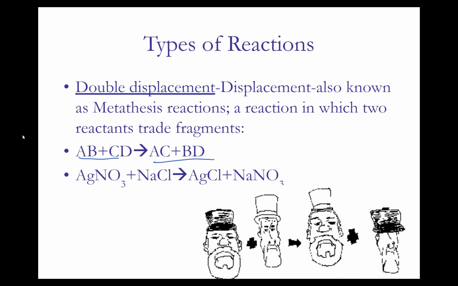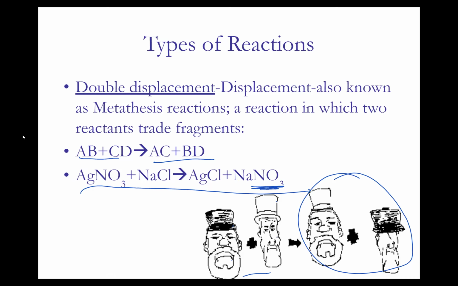Everybody's still paired, but then you're dancing with somebody else. Here, in this image, you see a man with a black hat and a man with a white hat, but they've switched hats. That's what happens here. Sodium is with nitrate on the product side, but sodium is with chlorine on the reactant side. It switched with silver.